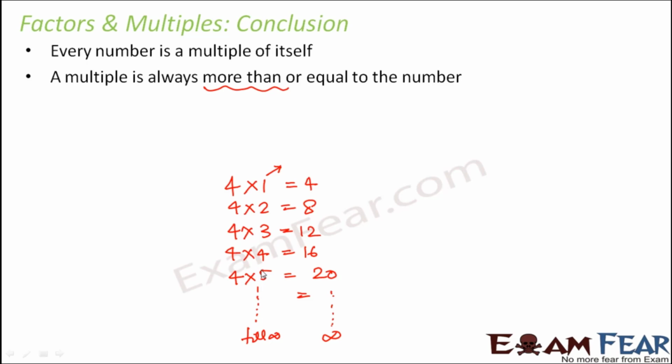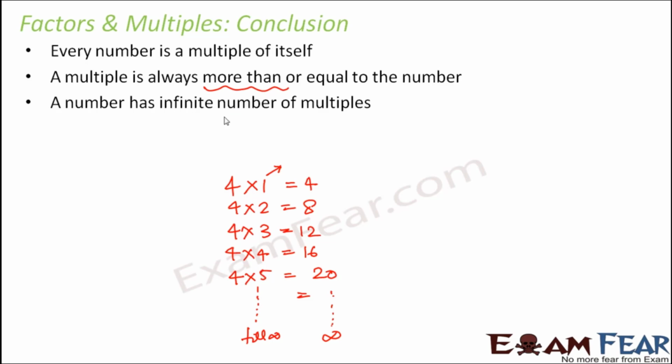But when we were trying to find the factors of 4, we were dividing 4 by 1, 2, 3, 4 and so on, and trying to find where the remainder is 0. Since here we are multiplying, it is quite obvious that the value of the multiples would be more than that of the number, or at least equal to the number. So a multiple will always be more than or equal to the number.